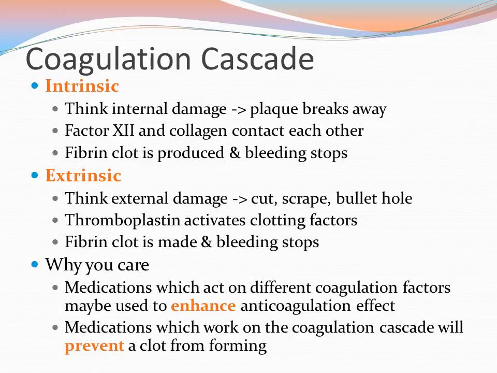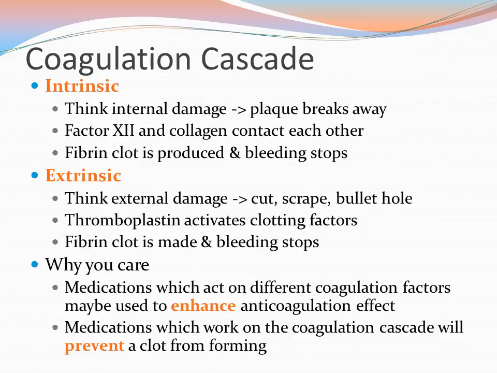What happens is there's some sort of damage to the vessel, and it causes the vessels to release a substance called thromboplastin. Thromboplastin then comes in contact with a few more of those factors floating around your body, particularly 7 and 10. Once it comes in contact with factor 7 and factor 10, the fibrin clot is formed, which again stops the bleeding.